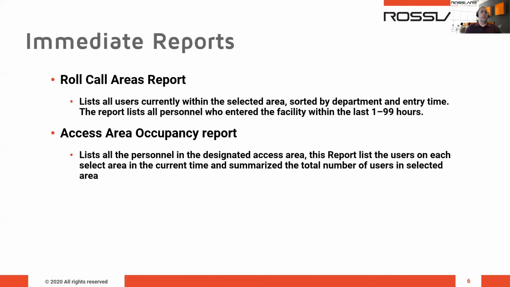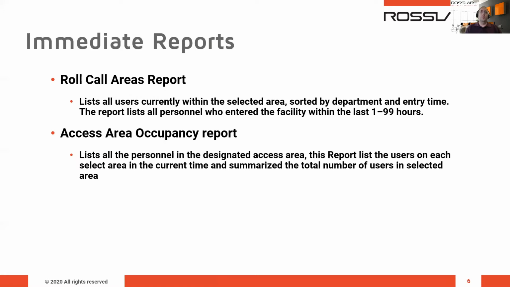The roll call area report lists users currently in a selected area, sorted by department and entry time. This report lists all personnel who entered a facility between the last 1 and 99 hours. The access area occupancy report is, in my opinion, one of the major advantages of AxTraxNG, giving you the present capacity occupancy of each area.